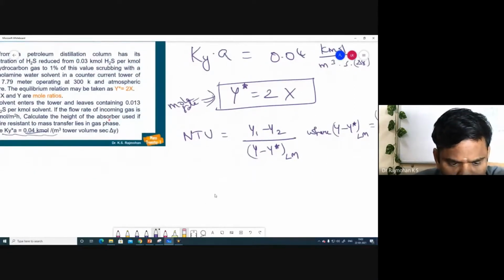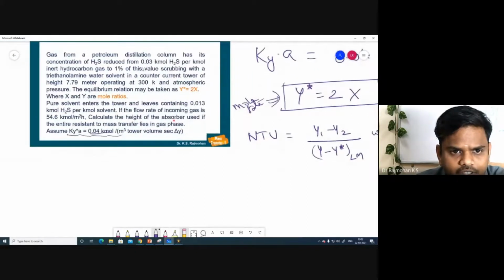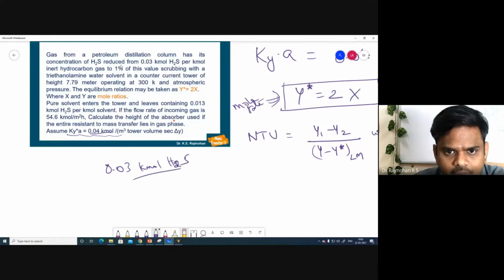It is given that the feed concentration is reduced from 0.03 kilomoles of H2S per kilomole of inert. That is capital Y1.